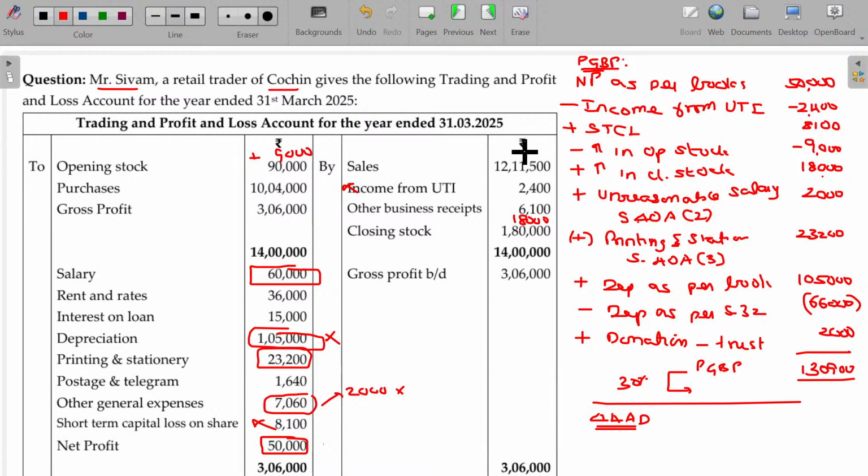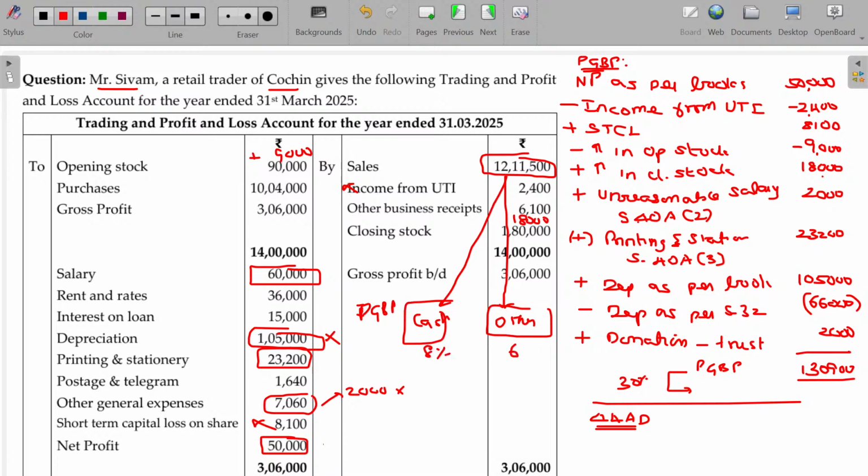Simply show your collection and verify whether the collection is in the form of cash or other mode. Other mode means probably credit card, NEFT, whatever it may be. In that case, your PGBP is equal to 8% in this case, and in this case only 6%.